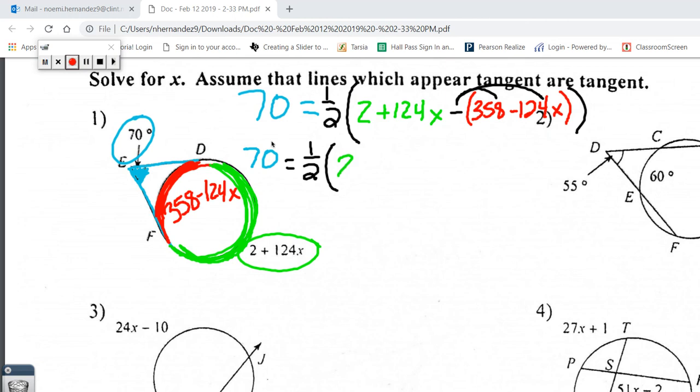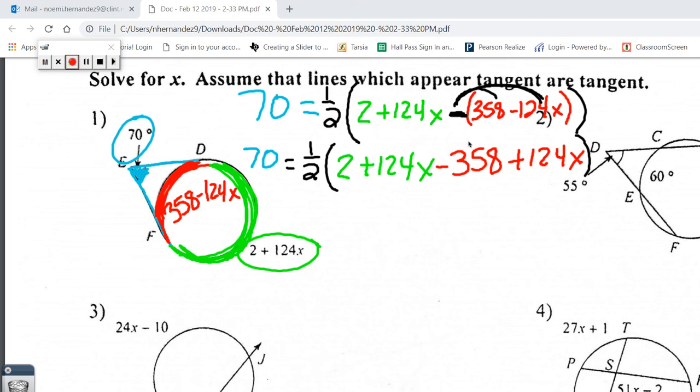I'm not working with the 2 plus 124x, so that's staying the same. Now, when I distribute the negative, that makes negative 358, and then a negative times a negative 124x makes a positive 124x, and we close our parentheses.